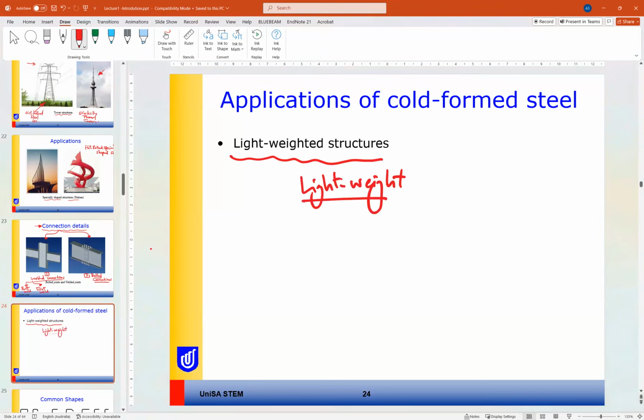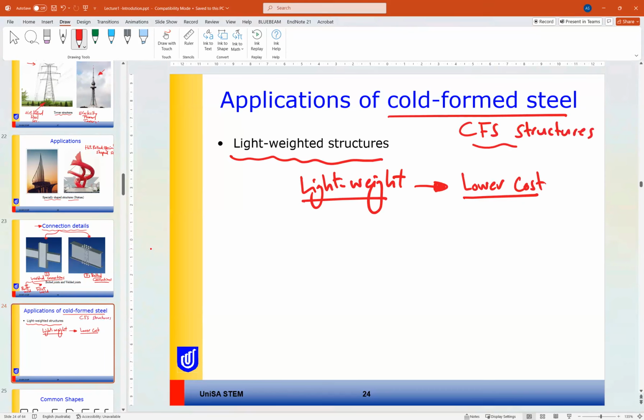So when you want to have a lightweight structure, and this will lead to lower cost, you will need to use cold formed steel or CFS structures. Why lightweight? Because it is thin walled material. So if it is thin, the weight of this material will be less than the hot rolled ones.